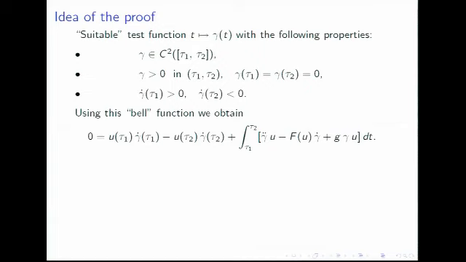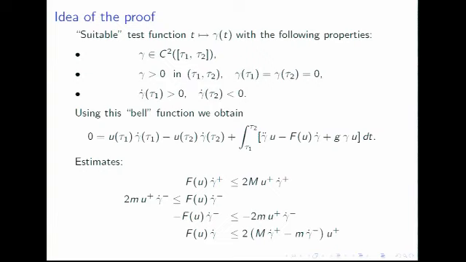And now these are crucial estimates of this method, namely F u times dot gamma plus, the positive part of the derivative, is, according to our assumptions, less or equal to 2m u plus dot gamma plus, and 2m u plus dot gamma minus is less or equal to f of u dot gamma minus.